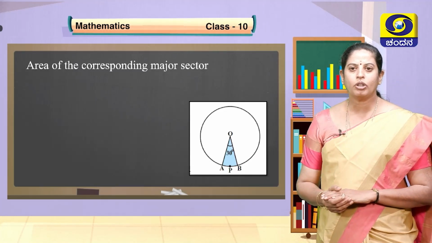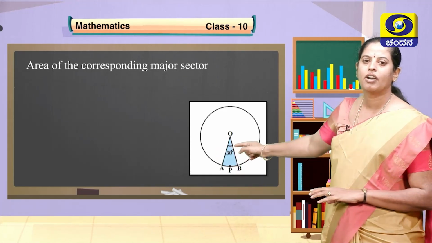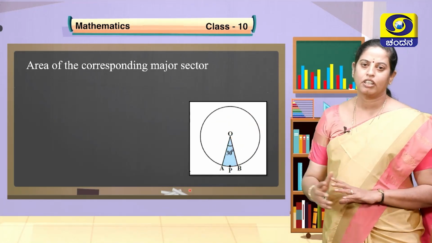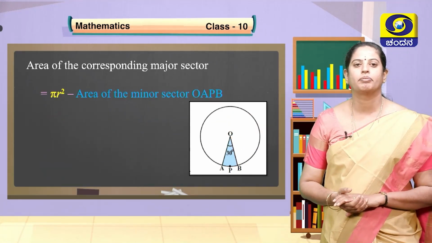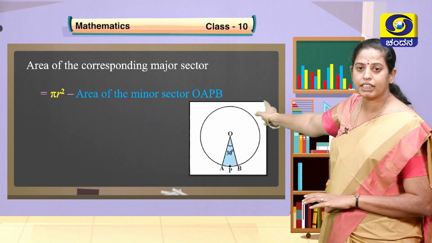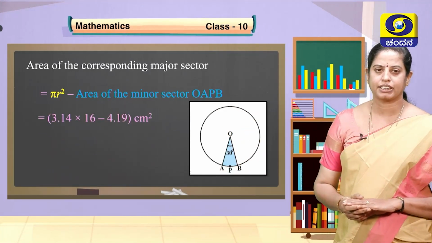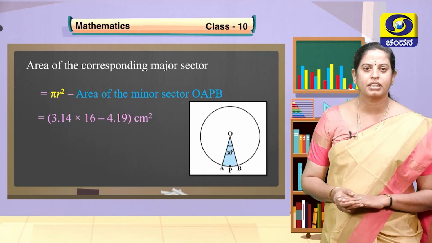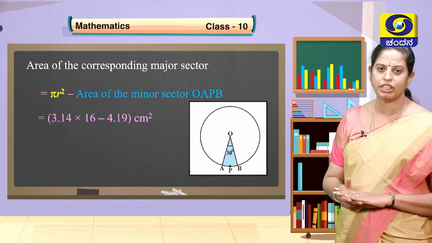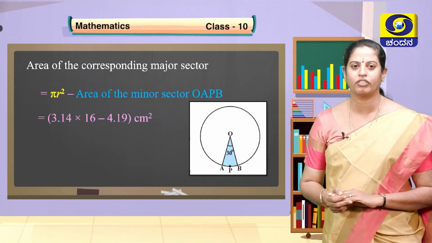Now, one more question is there in the same question, that is, what is the area of the corresponding major sector? To find the area of major sector, we have to find the area of the circle by pi r square, then we have to subtract the area of minor sector. Pi r square means 3.14 into 4 fours are how much? 16, directly I substituted. Now we calculated the area of the minor sector, that is 4.19.